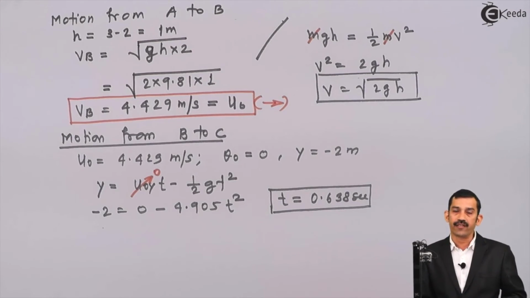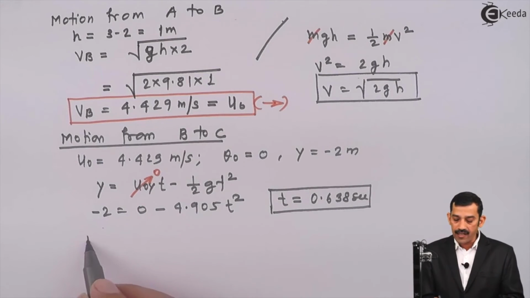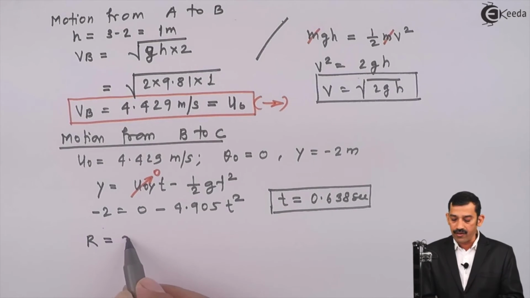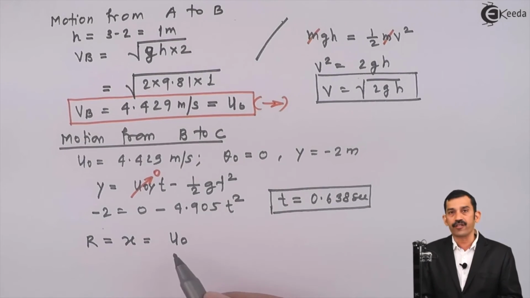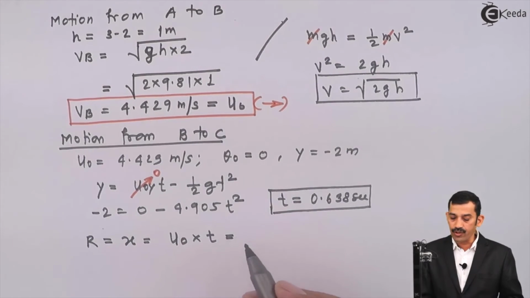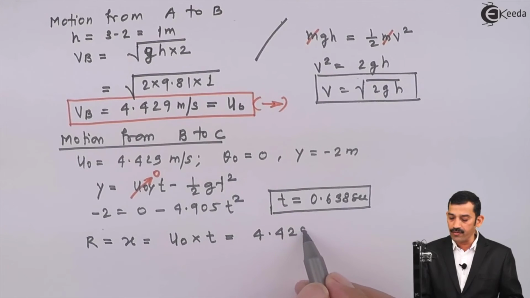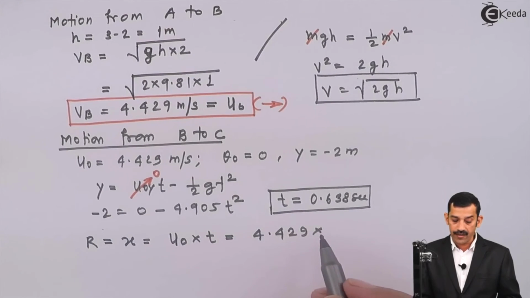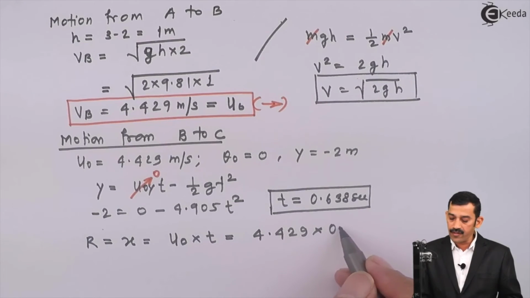Once you get the time it takes, now you can easily get the velocities as well as the horizontal distance, displacement r. That displacement r, which is nothing but the horizontal distance, is equal to the velocity in the horizontal direction u0 into time t. u0 means 4.429 meters per second and time t is 0.638 second.